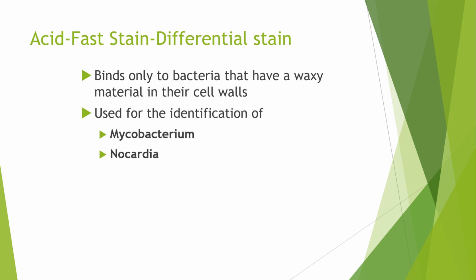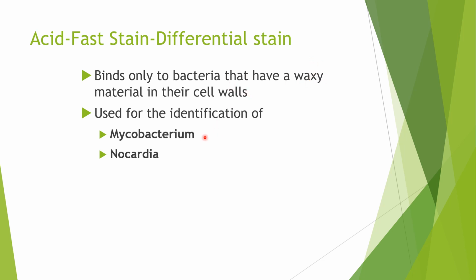Now there's another type of differential stain, and that's known as acid fast. So acid fast is going to help you differentiate between bacteria that have a waxy layer in their cell wall. Notice how here we're not talking about peptidoglycan. We're talking about that waxy layer. It turns out some bacteria have a waxy layer in their cell wall.